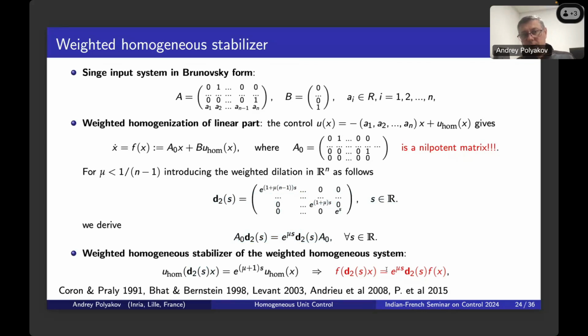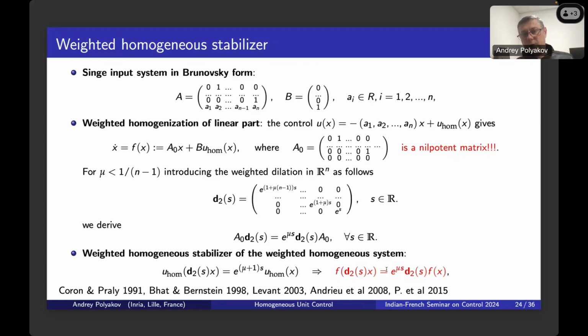But this is a weighted dilation which is appropriate for single input system. For multi-input system, a similar type of controller can be designed by means of many transformations, but it can also be designed in a simpler way, just using linear dilation.